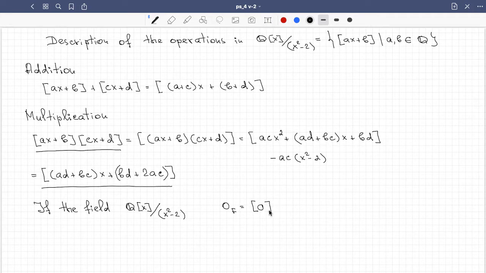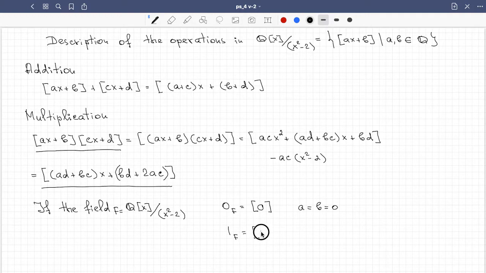Meaning a and b are both zeros. And 1, call it 1_F, otherwise I will have to write too complicated an index.